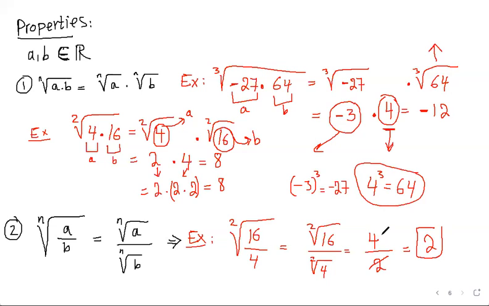Why? I simplify it by dividing both by 2, which gives 2 over 1. Makes sense? Any question?